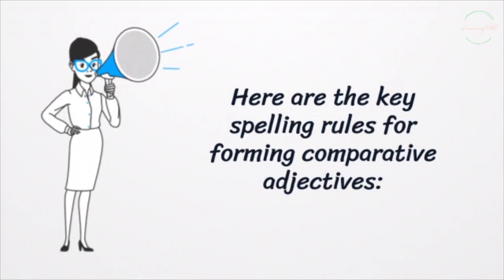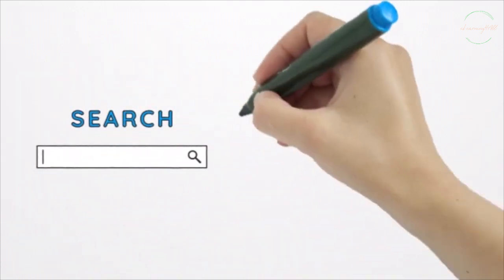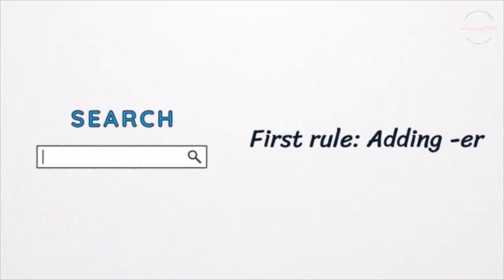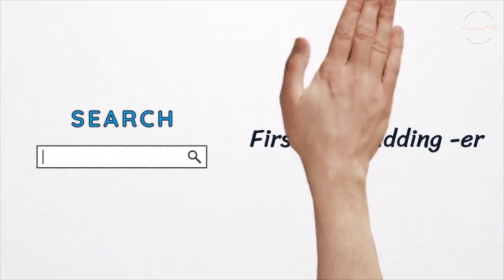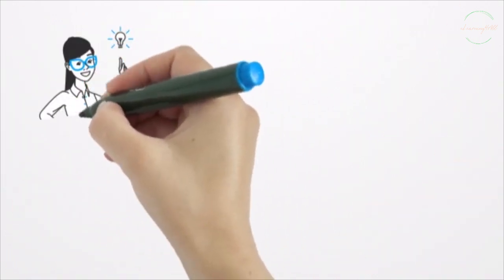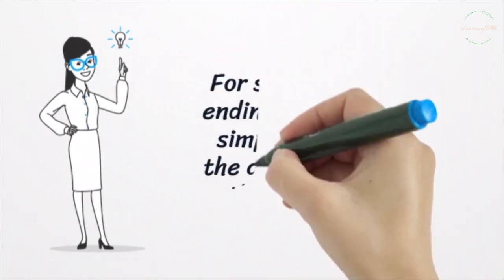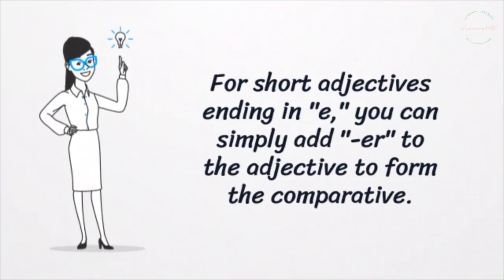Here are the key spelling rules for forming comparative adjectives. First rule, adding -er. For short adjectives ending in e, you can simply add -r to the adjective to form the comparative.